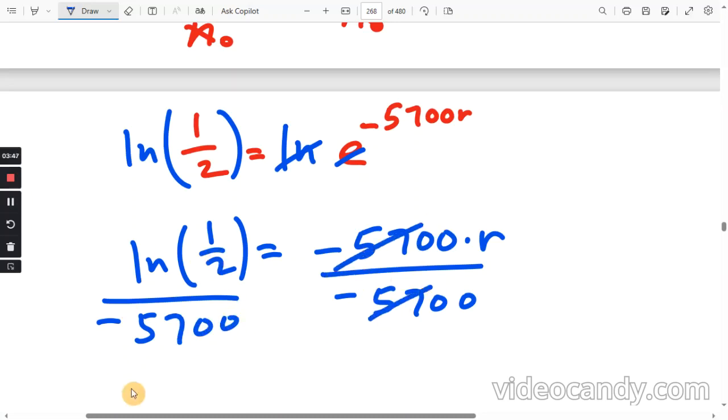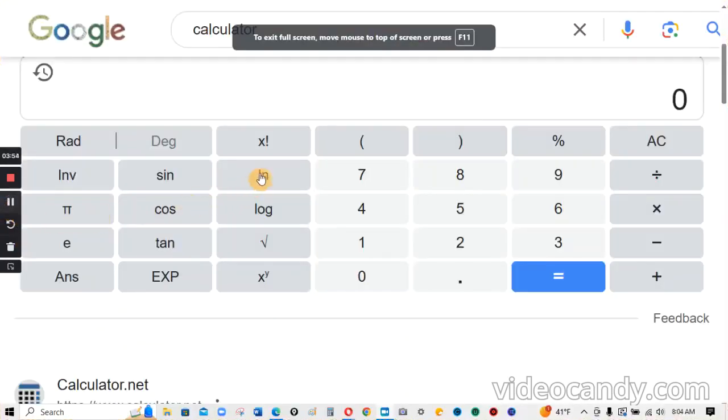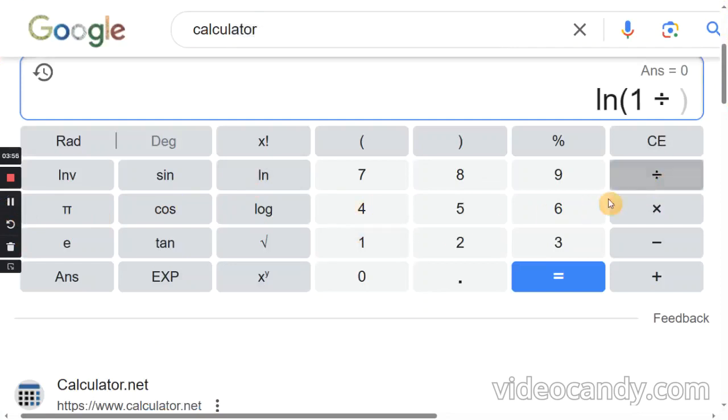On the left, we're going to go to the calculator. ln of 1/2 over negative 5,700. ln of 1/2, or 1 divided by 2, and that whole thing is divided by negative 5,700. This is my numerator. This is my denominator.